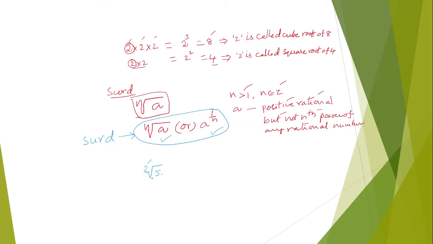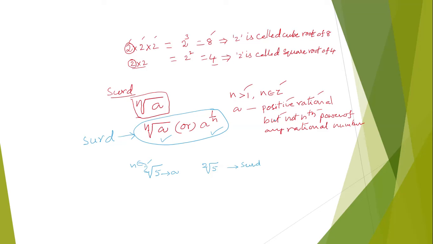And here 5 is a. Now the square root of 5 is called a surd.